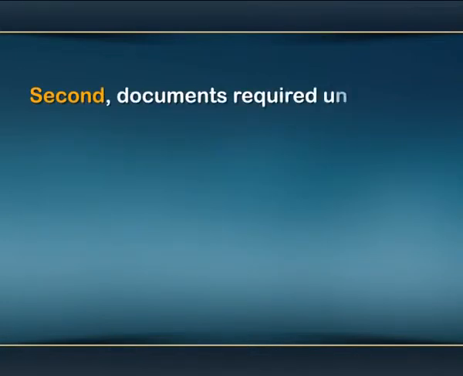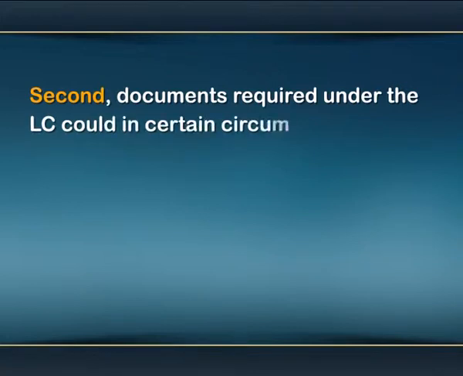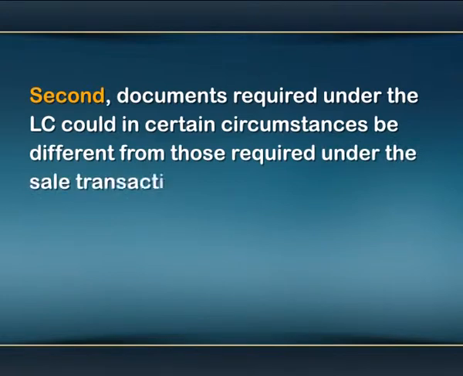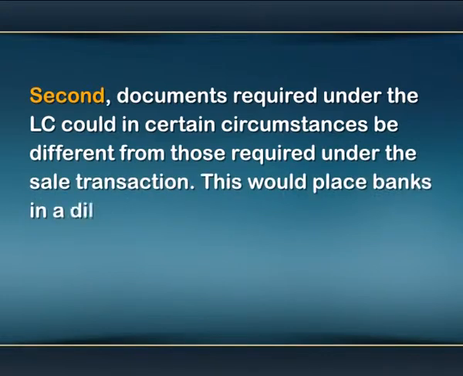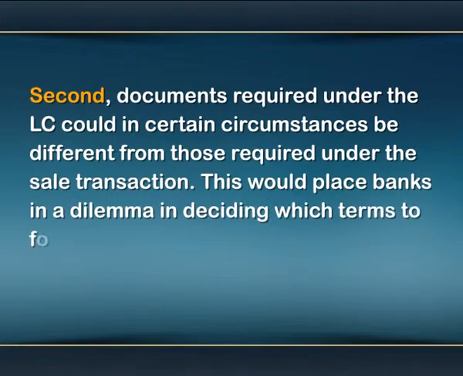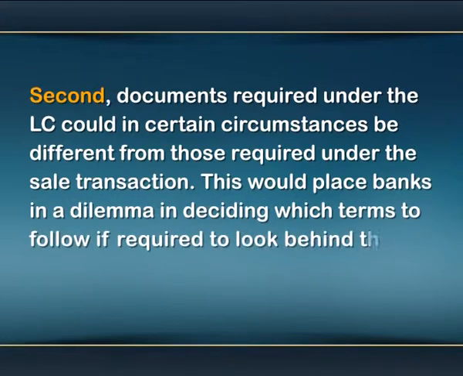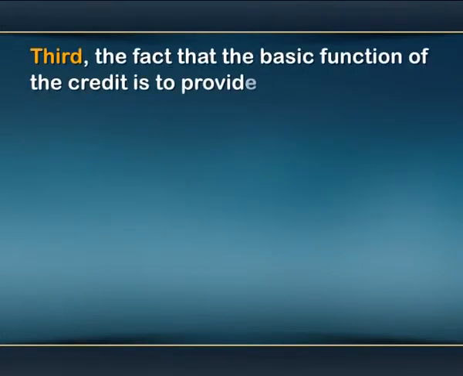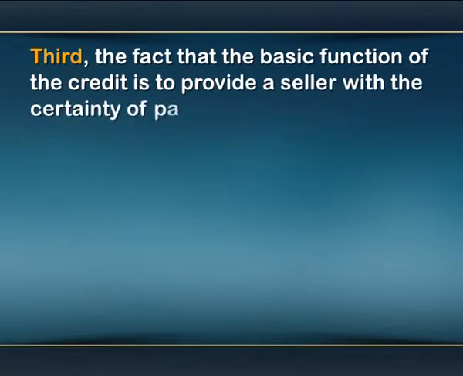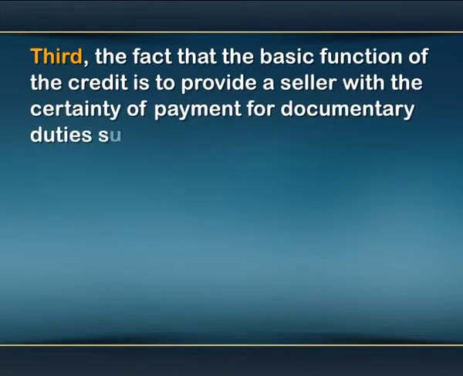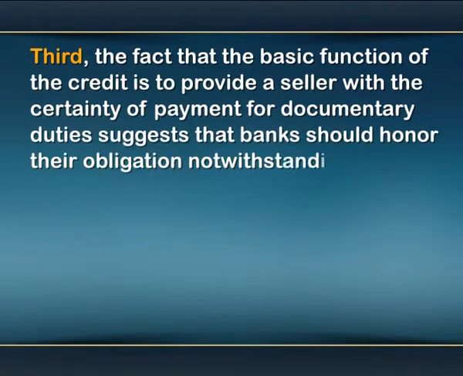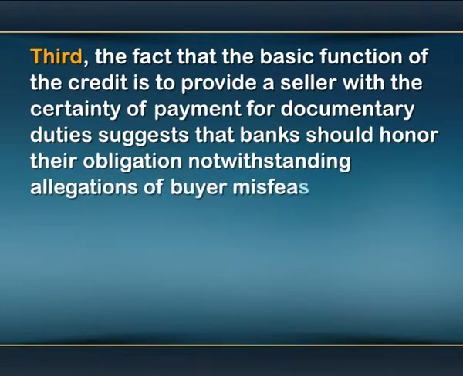Second, documents required under the LC could in certain circumstances differ from those required under the sale transaction. This would place banks in a dilemma in deciding which term to follow if required to look behind the credit agreement. Third, the fact that the basic function of the credit is to provide a seller with certainty of payment for documentary duties suggests that banks should honor their obligation, notwithstanding allegations of buyer misfeasance.